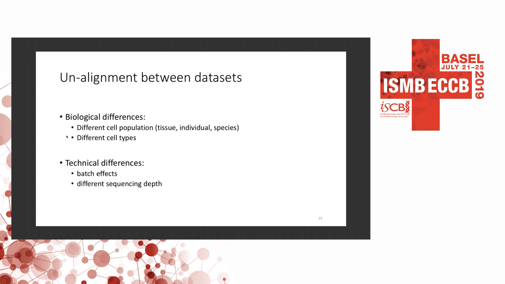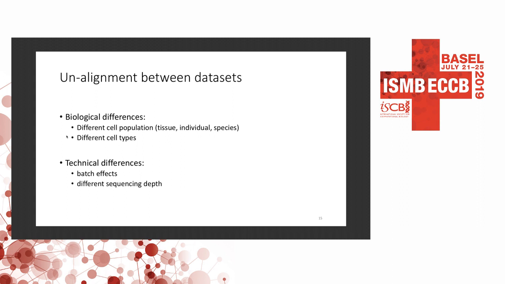And also, the unalignment is typically due to technical differences, and that's the difference that we are not interested in. For example, batch effects. If these data are processed in different batches, they're just different because you have different bias in different batches.